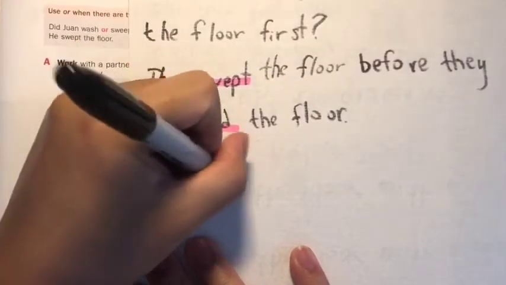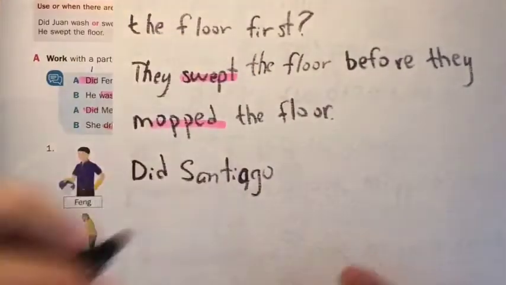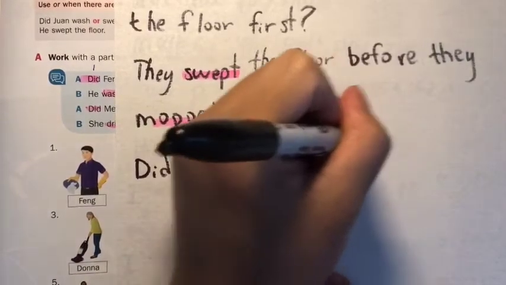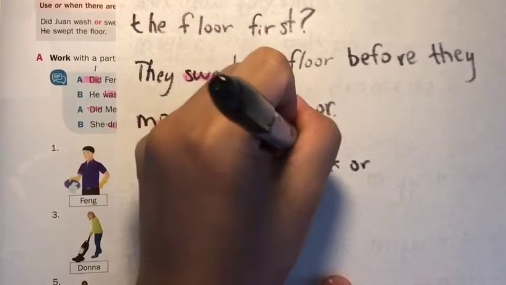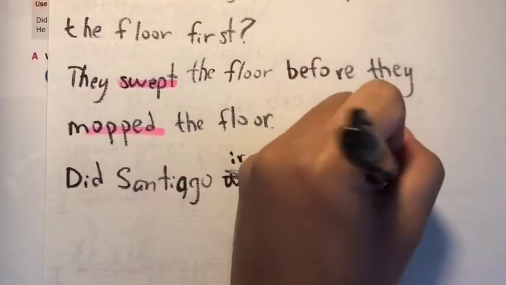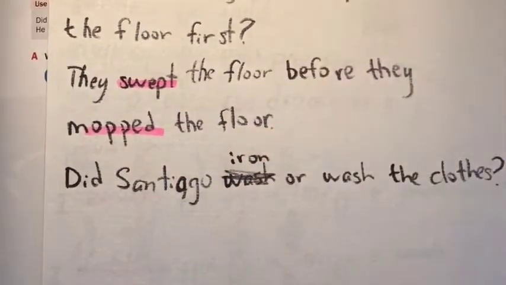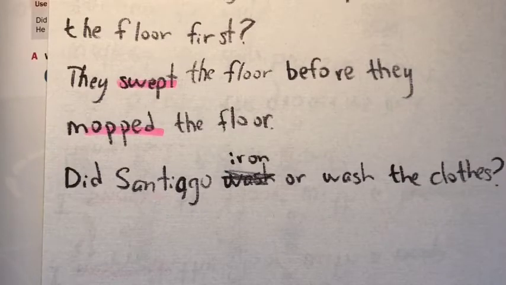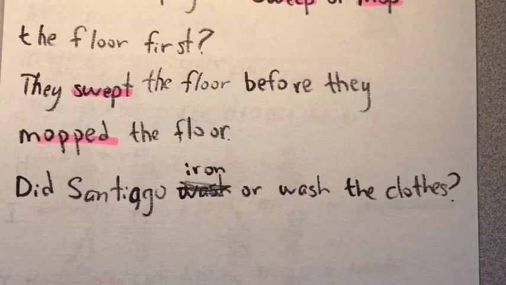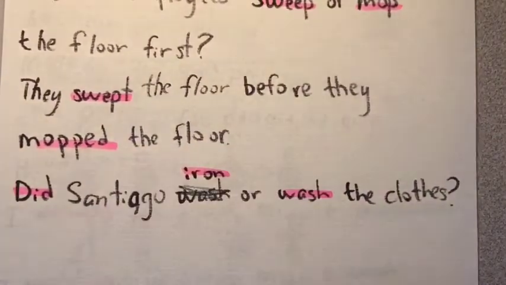Did Santiago iron or wash the clothes? The verbs in this sentence are did, iron, and wash.